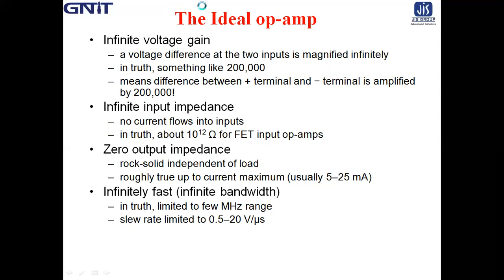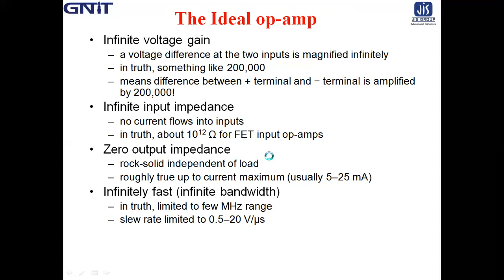Second, infinite input impedance. Third, zero output impedance. Infinite bandwidth. Infinite CMRR, common mode rejection ratio. I will discuss common mode rejection ratio and slew rate, which is also infinite for ideal op-amp characteristics.